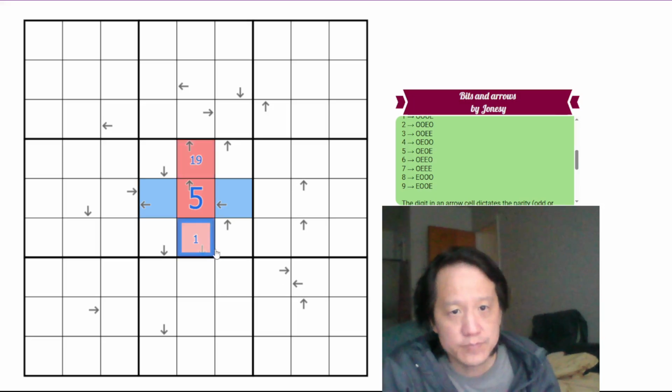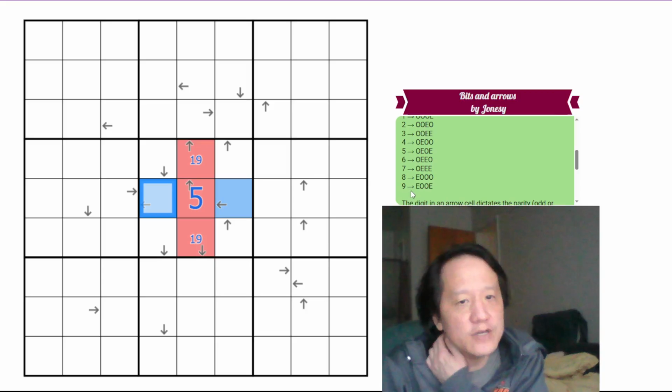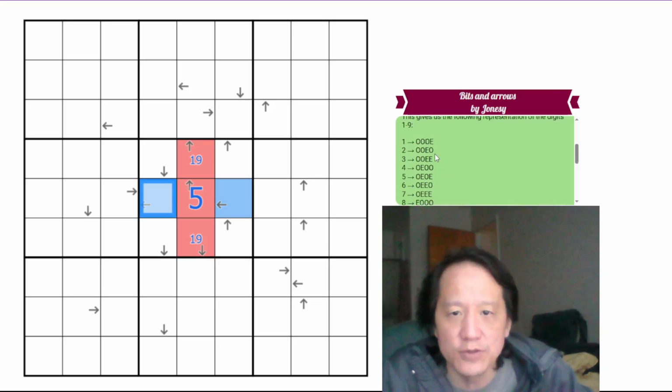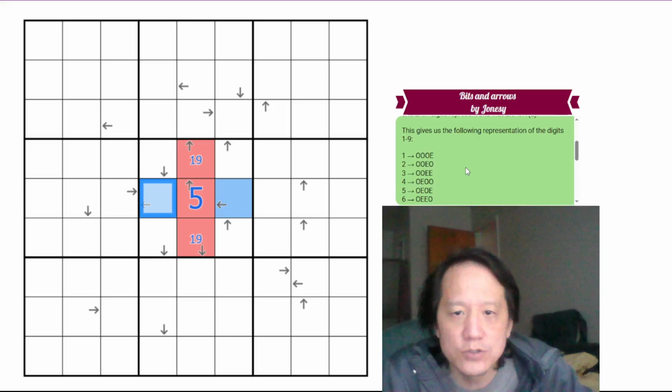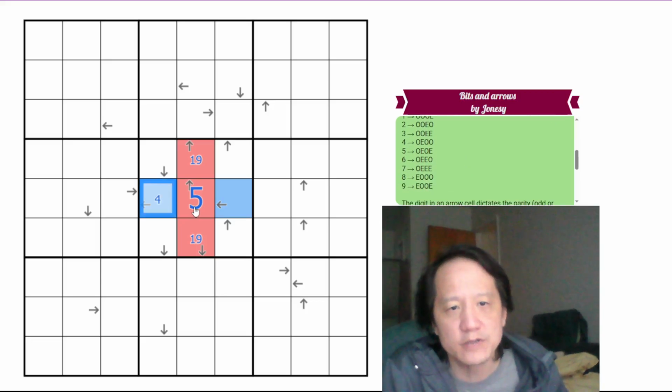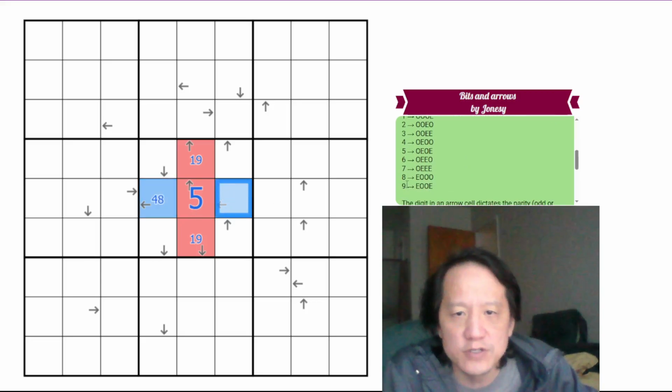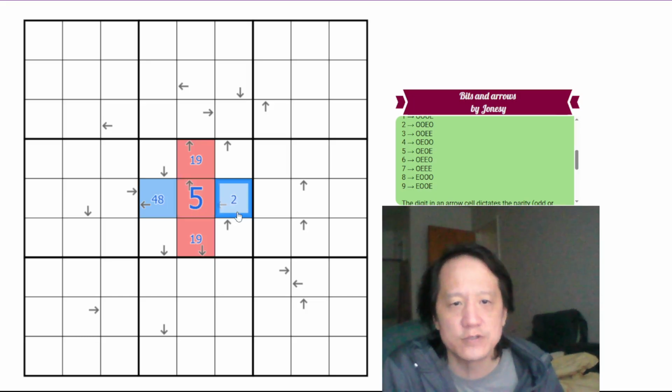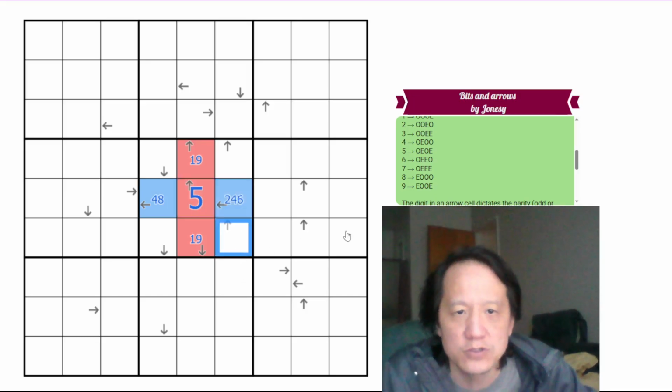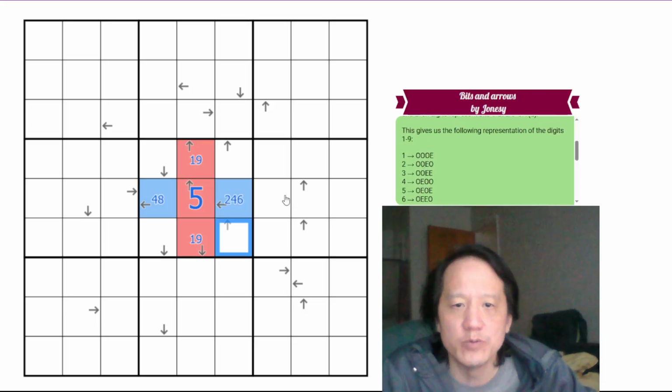Okay. How about an even digit with an odd digit as the third bit? 2 doesn't work. This is 4 or 8. Even digit with an odd digit in the first bit, that's 2, 4, and 6. Okay, so that works.